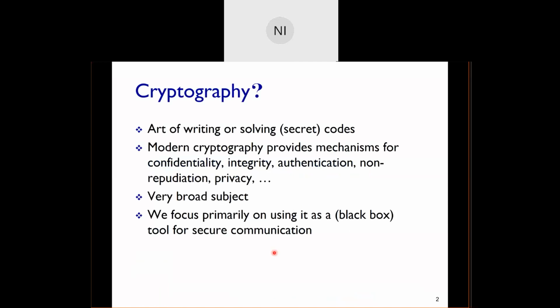Okay, so if you look at what cryptography means, it is basically an art of writing or solving secret codes.